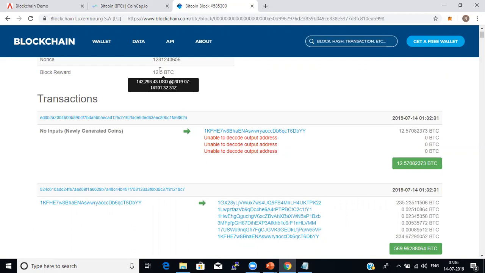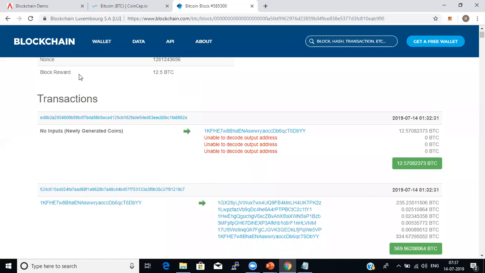That huge reward comes every 10 minutes, so you can understand how much computational power the peers should use, and what the competition is among all the nodes. Across all these 35,000 nodes participating in the race to get the reward, there is only one chance for one particular node to win it.